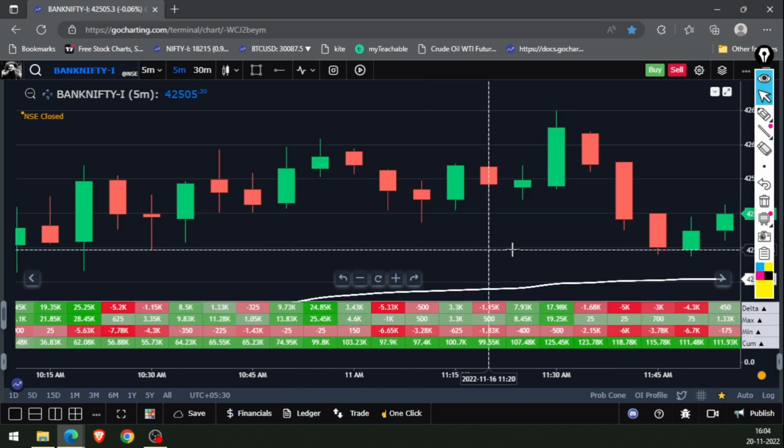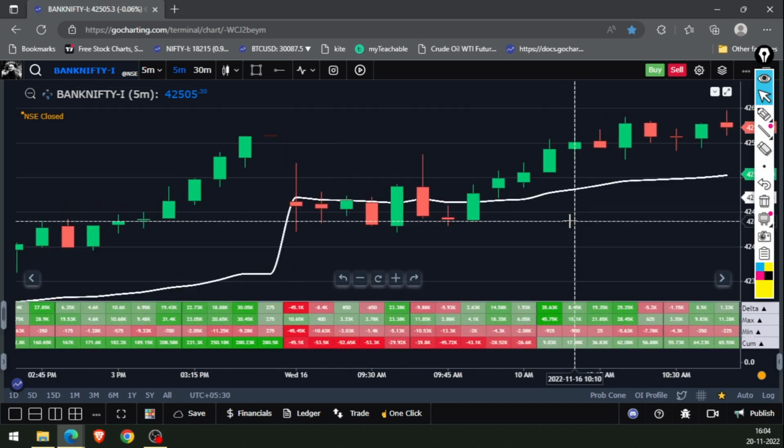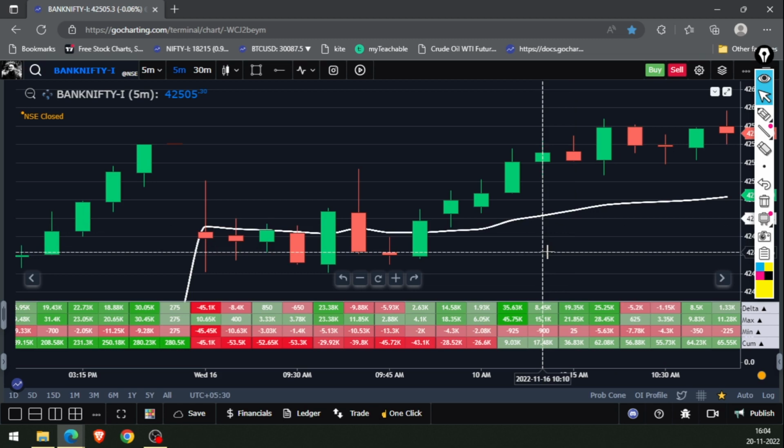So where exactly should you use this, and how should you use it? See, delta defines whether real buyers or real sellers are present in a candle. So if you are looking at this candle, we should look at the delta values to define whether real sellers are present, and whether this is not a case of absorption and exhaustion.